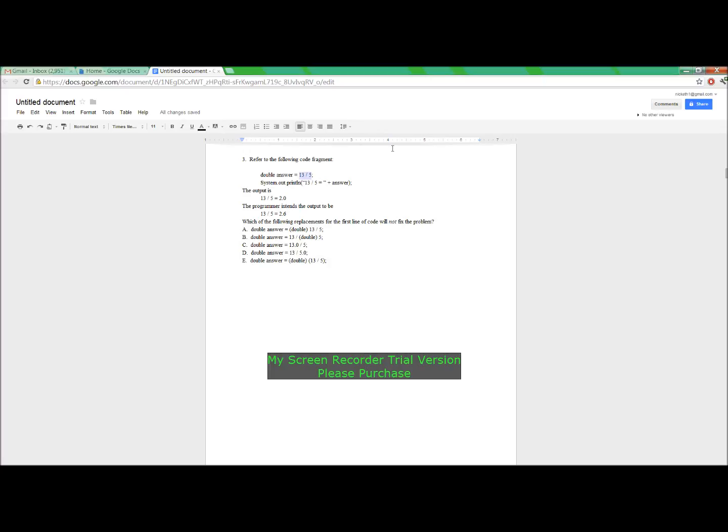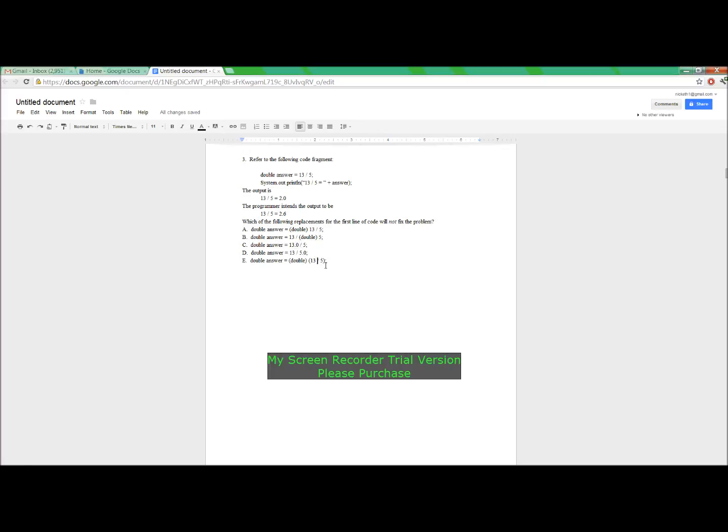So you only look at what's before the decimal place, and then it's put into a double, so a 0.0 is added, and you only end up with 2.0. So the thing that you need to do is either cast or divide with doubles, which is 13.0, 5.0.